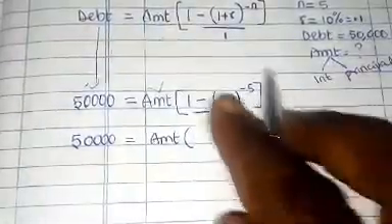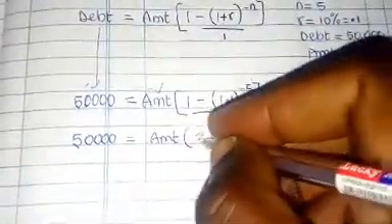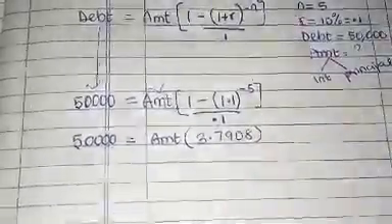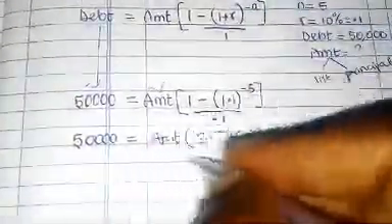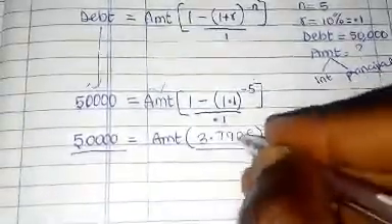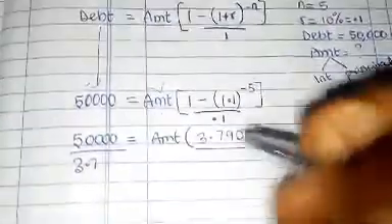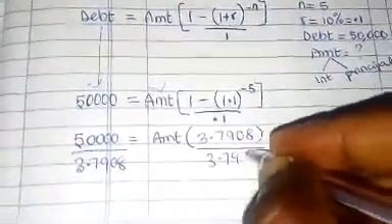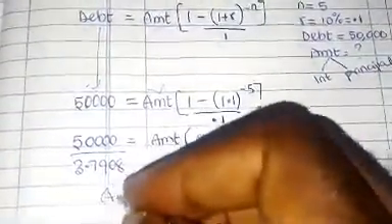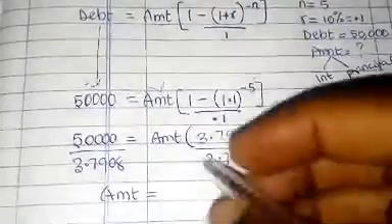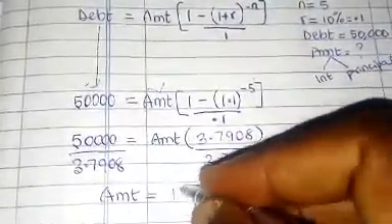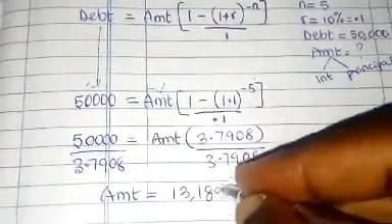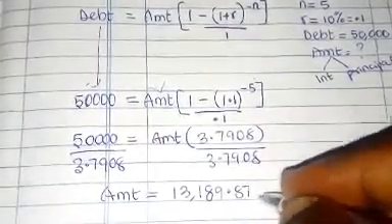Then if you manipulate this with your calculator, it will give you 3.7908. Use your calculator. Then if you divide both sides by 3.7908, our amount will be 13,189.87 approximately.